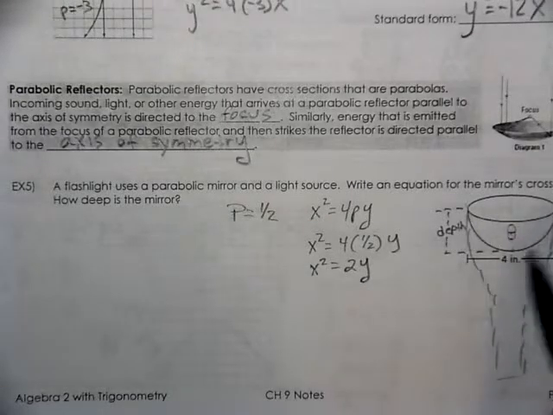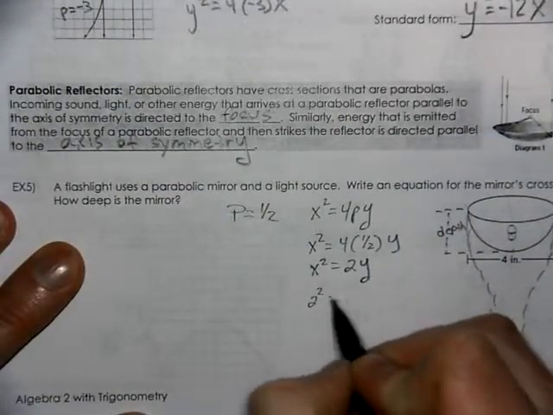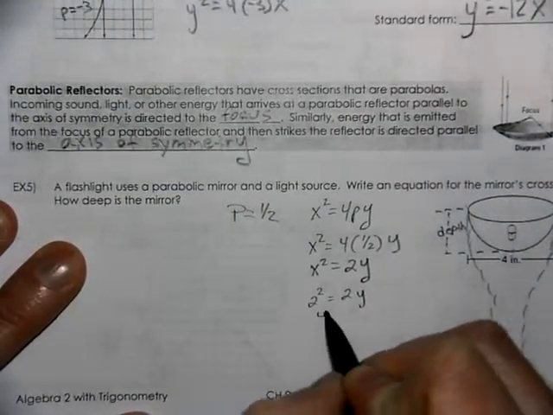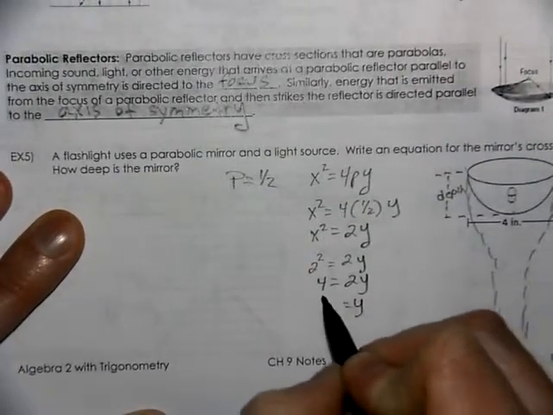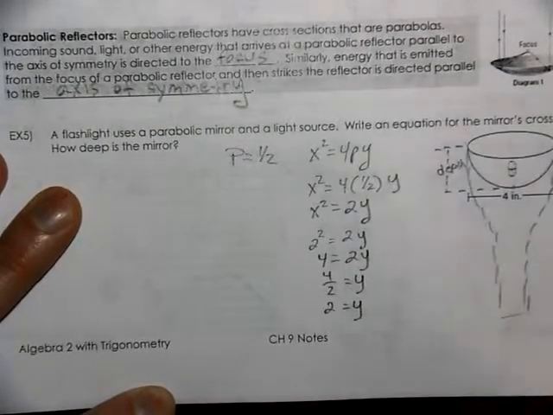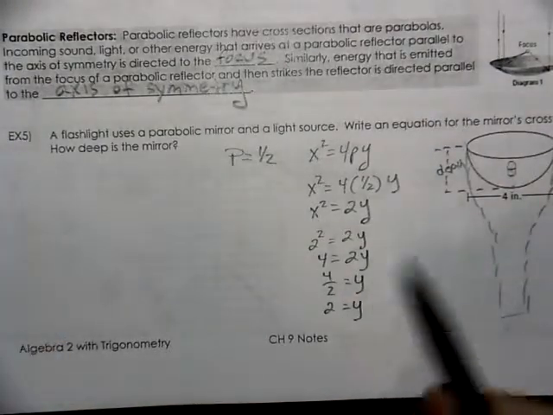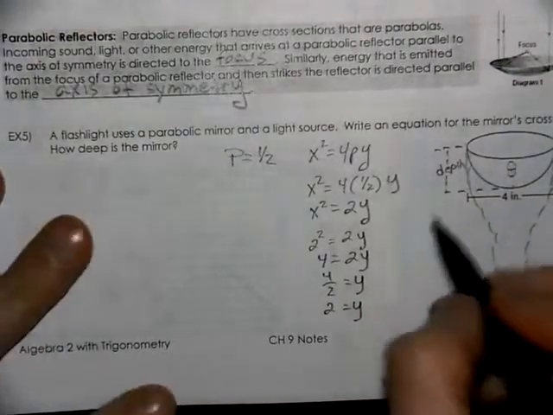So we're going to plug a 2 in for our x. So when we plug 2 in for the x, it looks like we're going to get 2 for the y.